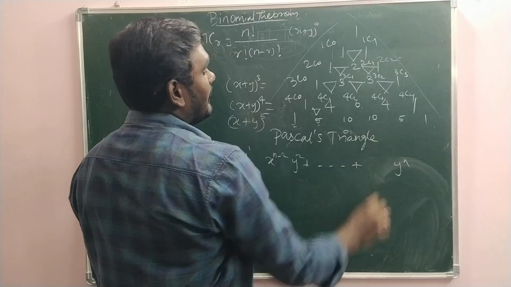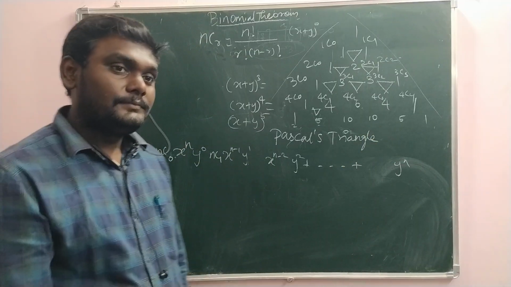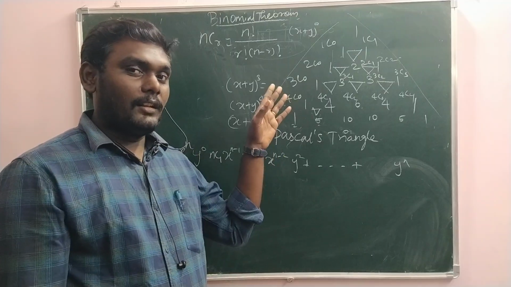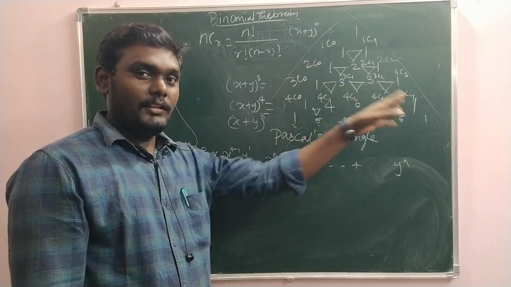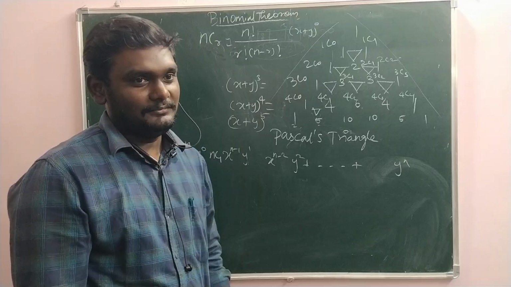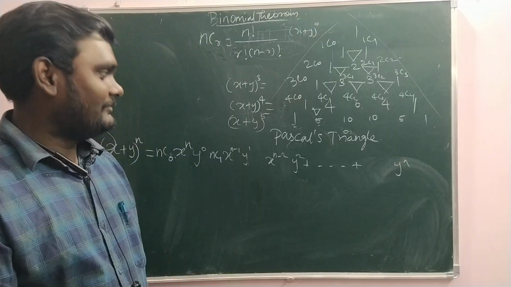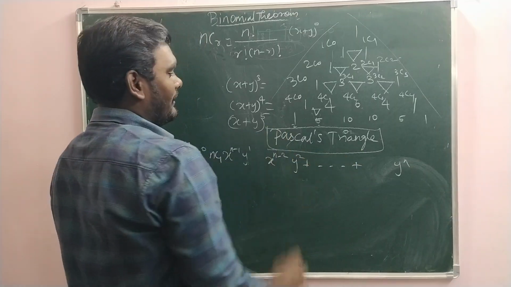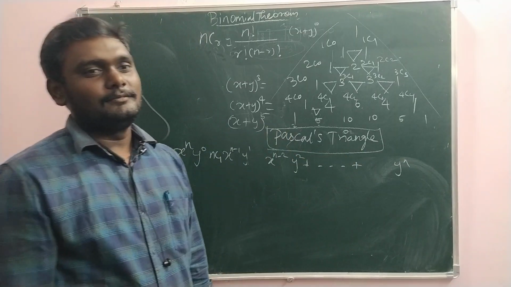Why do we call it Pascal's triangle? Someone named Pascal, that rascal, did all this in his free time. That is why we have to study all this. That is why it is named after his name, Pascal's triangle.